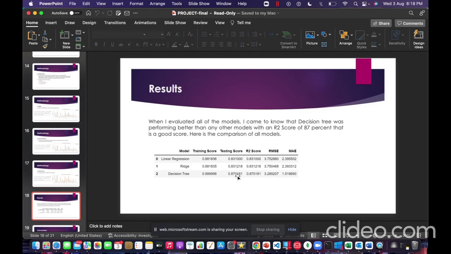So you can see here the decision tree values are giving the best results compared to linear regression and ridge regression. The testing and training scores are performing very well, and the R2 score is good, and the errors are very low in decision tree and very high in linear regression and ridge.